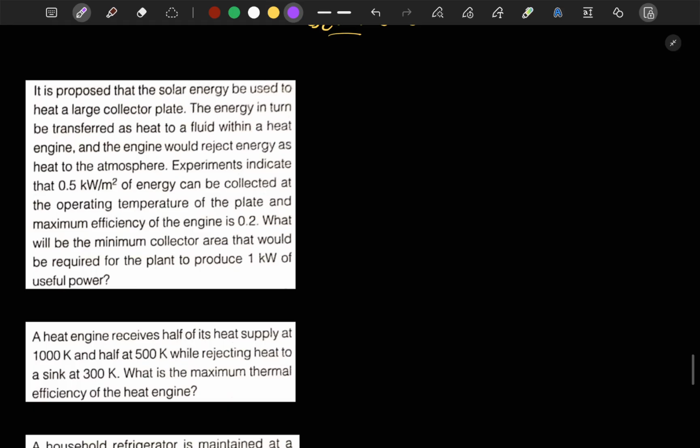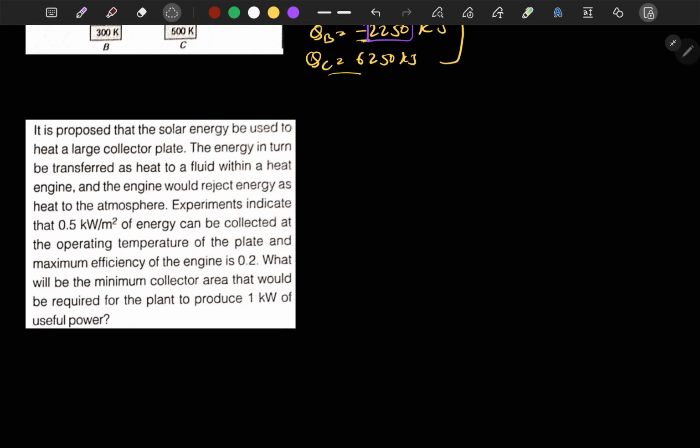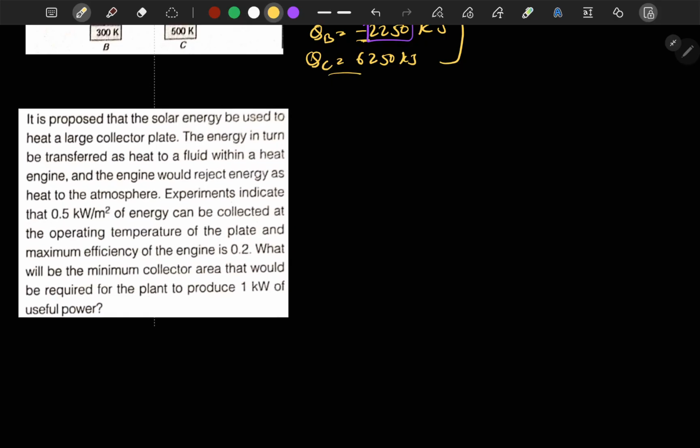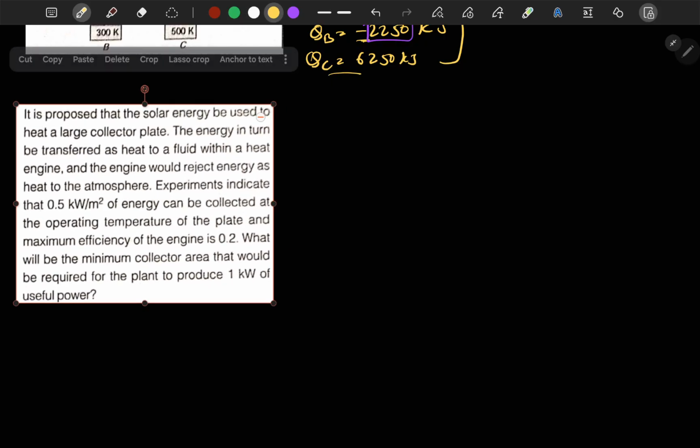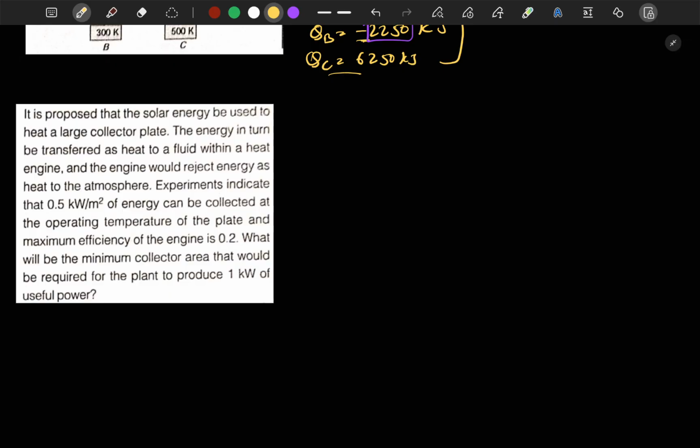So in this question it is mentioned that it is proposed that solar energy be used to heat a large collector plate, the energy in turn to be transferred as heat to a fluid within a heat engine. The engine would reject energy as heat to the atmosphere.